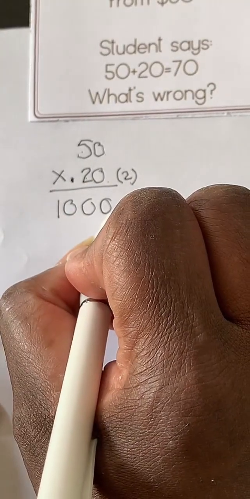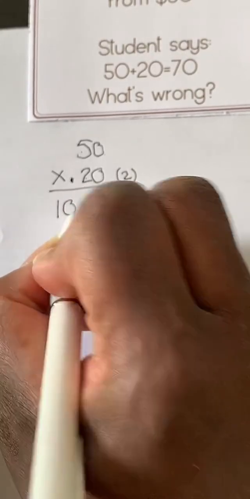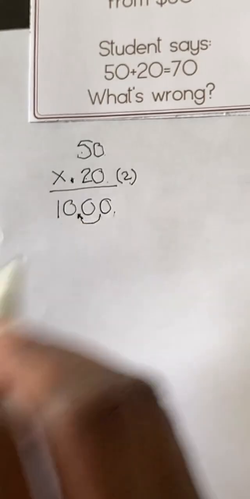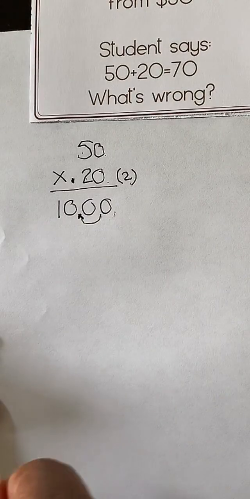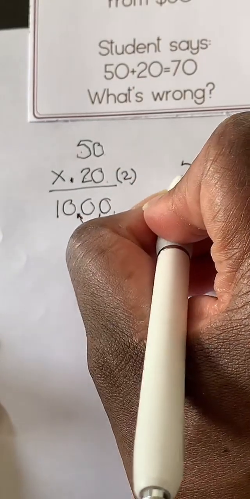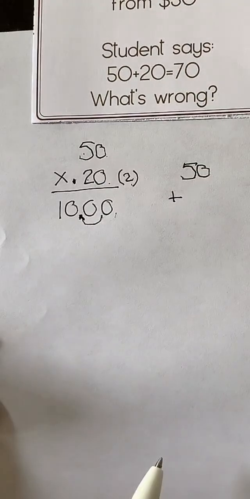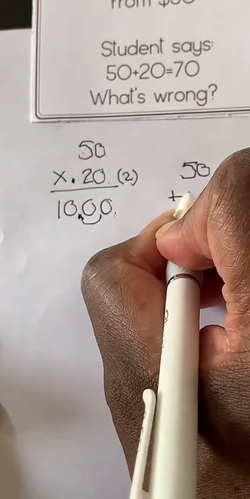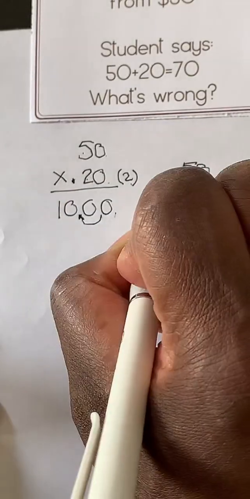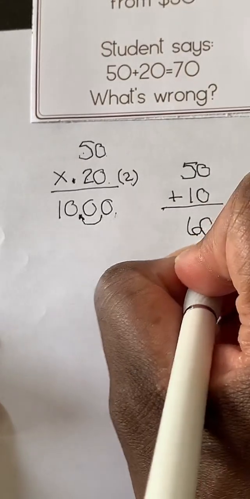So I need to move over 1, 2. My decimal place is going to be between these 2 zeros. So that is $10. Now, if it was marked up, that means I am adding to that original price the 10 that is the markup. So 50 plus 10 gives me $60.